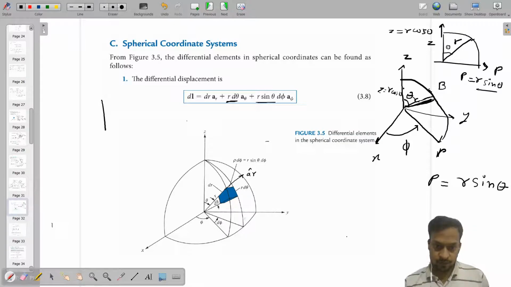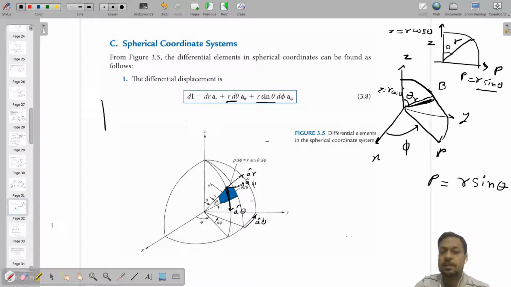Another unit vector is along this direction, a_phi, and one unit vector is along this downward direction, a_theta. So if we consider the same point, this is a_phi, this is a_r, and this is a_theta. So the direction of a_r, a_phi, and a_theta is represented in this figure.